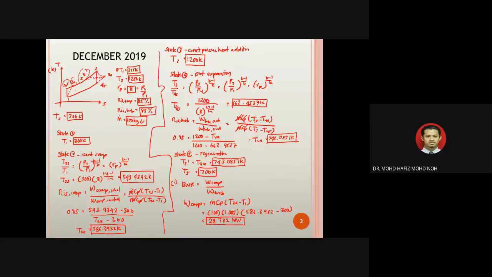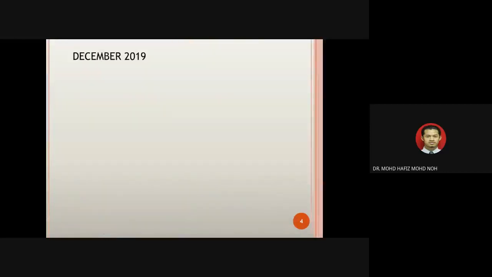Then we proceed to calculate W turbine. W turbine is m dot Cp (T3 minus T4 actual).